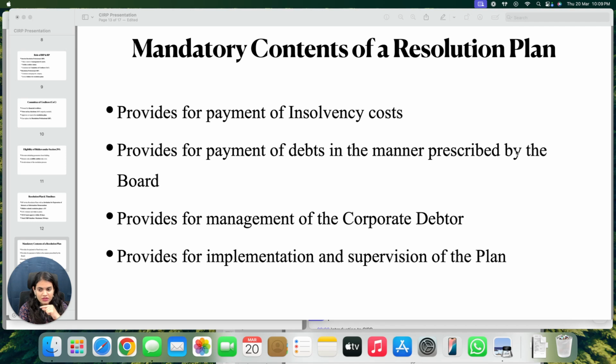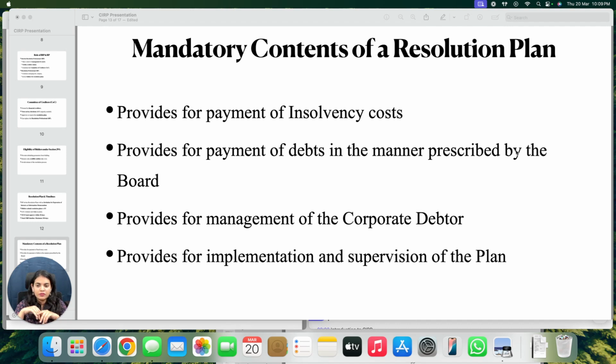Subsequently, the members may decide either to raise an interim finance, or sell a part of the assets, or use any amounts coming from the corporate, if it is a going concern, to conduct the CIRP process. But if any is pending, then such costs will also be dealt with by the prospective resolution applicant.